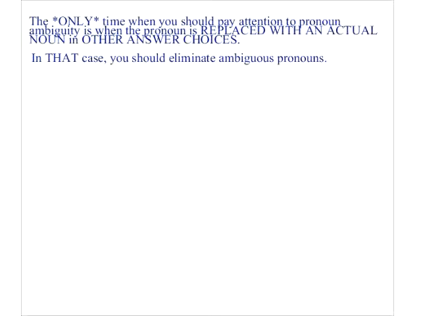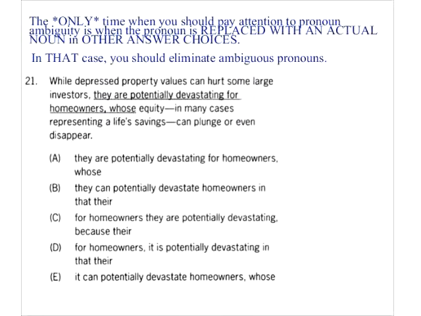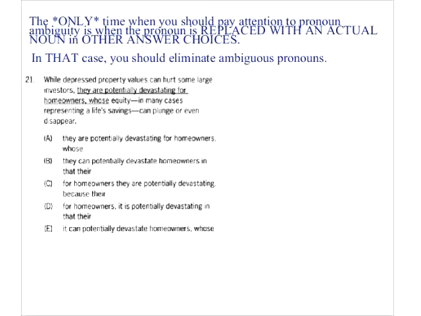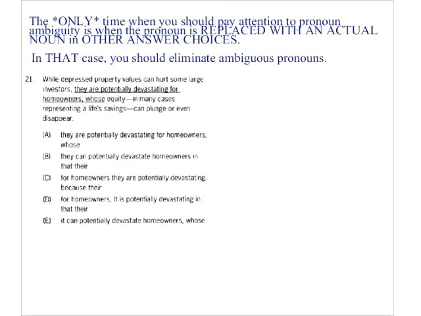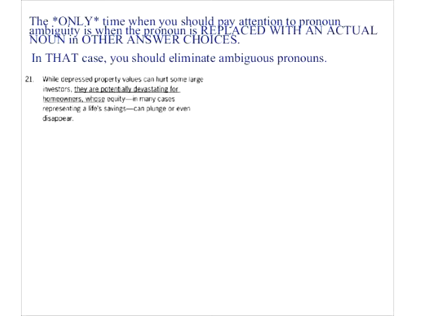Here's another problem in which there's a technically ambiguous pronoun. So there's this one, while depressed property values can hurt. The correct answer here is A. So we don't need to show you the answer choices here. This is a correct answer.